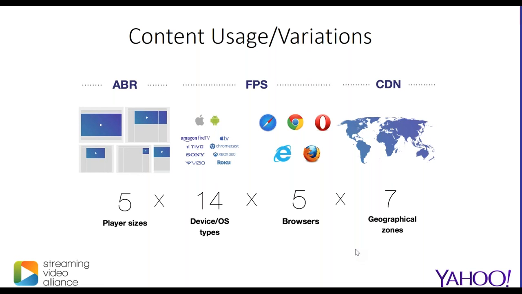So the first question is, what's the size of the screen that your viewers are watching on? If it's the full screen, as you see on the left side, the 5 player sizes that we had. In the case of a very large screen and very large player, you obviously want to be able to get to much higher qualities and much higher bandwidth, like the 6 megabits that I mentioned before.